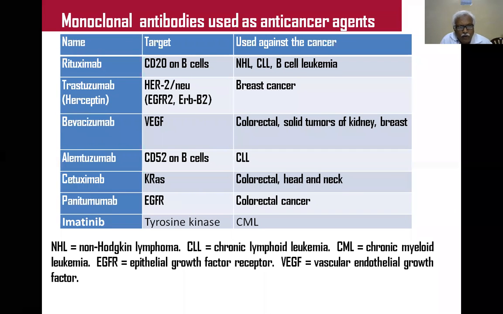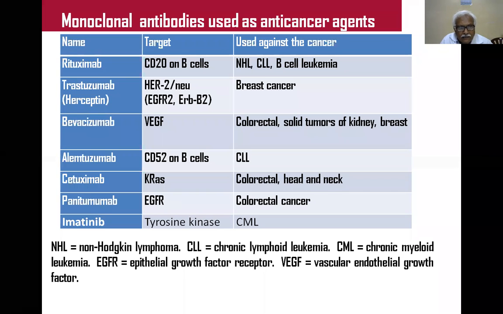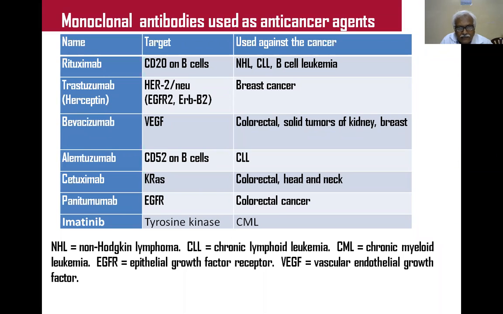And bevacizumab, VEGF, colorectal cancers, and solid tumors of kidney and breast. And alemtuzumab, CD52 on B cells and CLL. And cetuximab is the anti-cancer drug used for KRAS, colorectal, head and neck, or pancreas.